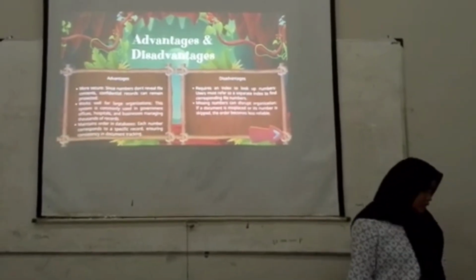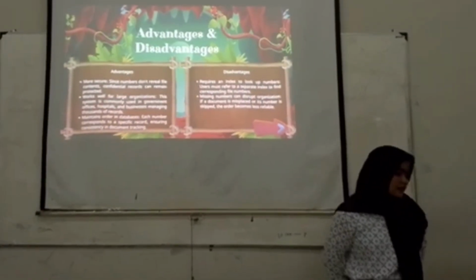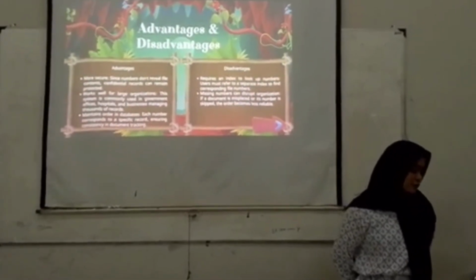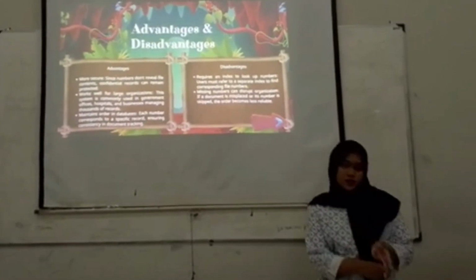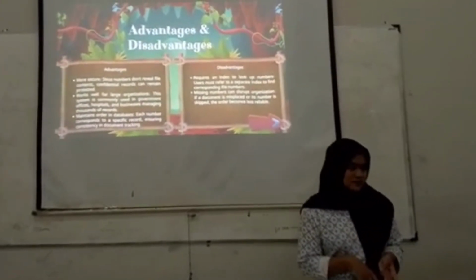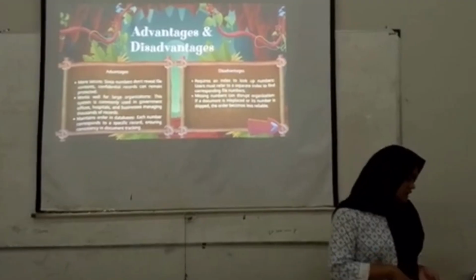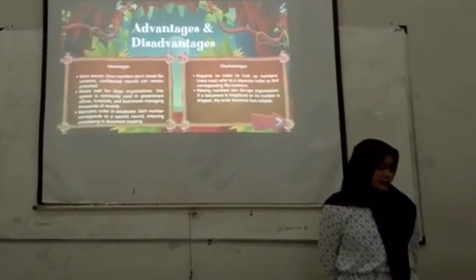The example used is employee records management. If each worker is assigned a unique ID, for instance, 1 is Andi Wijaya, 2 is Budi Santoso, and 3 is Cinta Fitria. This makes retrieval easy when searching by employee ID.